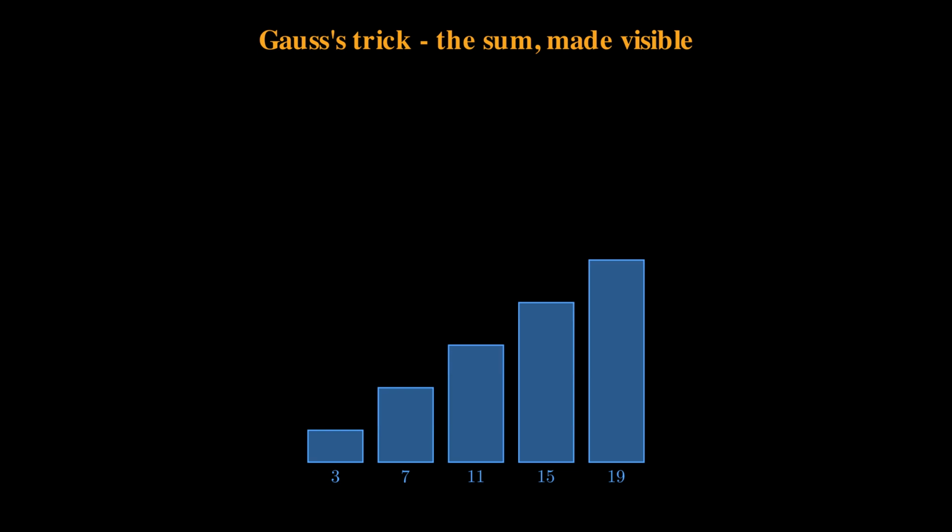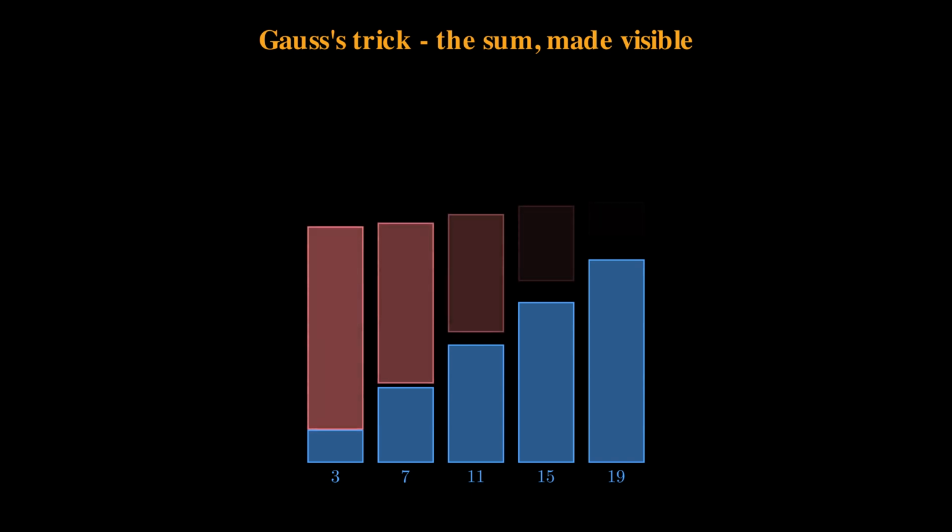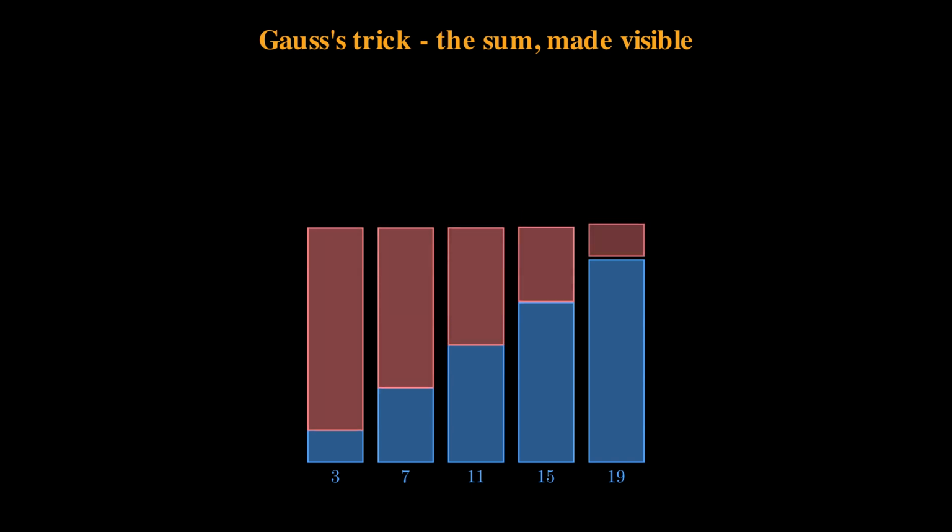Now the move. Take a second, identical copy of the series. Flip it back to front and lay it on top. The biggest bar now sits on the smallest. The second biggest on the second smallest. And so on. Watch every single column reach exactly the same height.